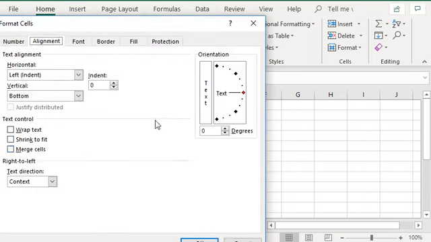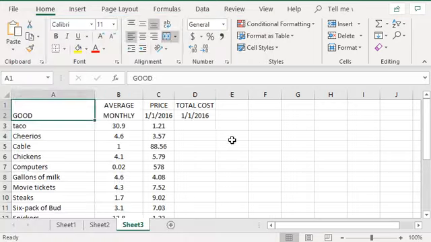A little more formatting. Maybe bold it.